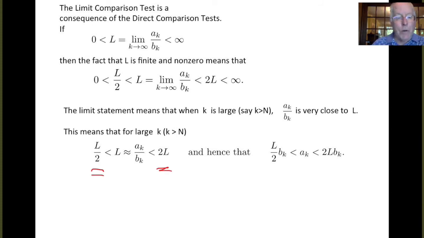Again, they have to get close to L, and getting close to L means getting further and further from other numbers. And so if we are convinced this inequality is true, then we can multiply all three sides by BK, and we have L over 2 BK less than AK less than 2L BK.